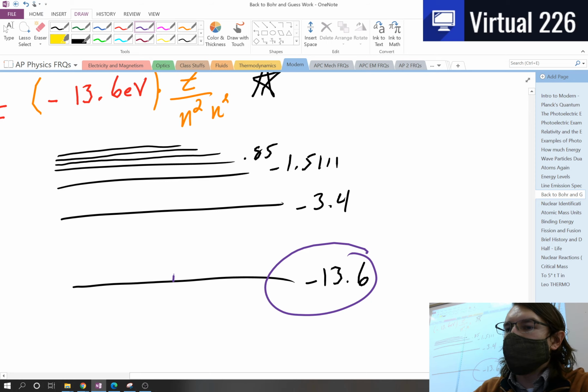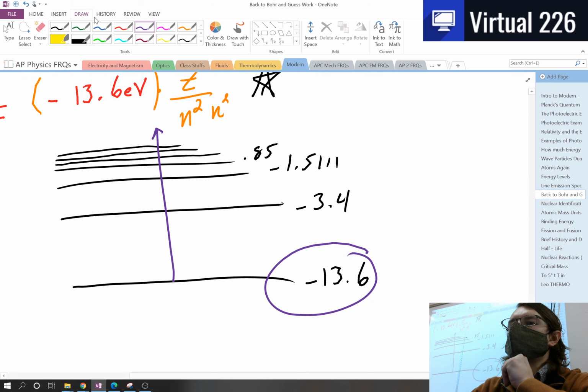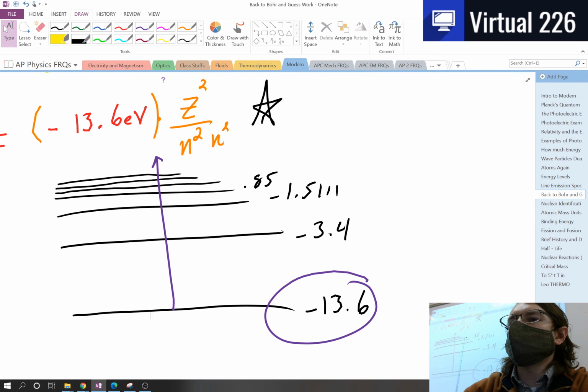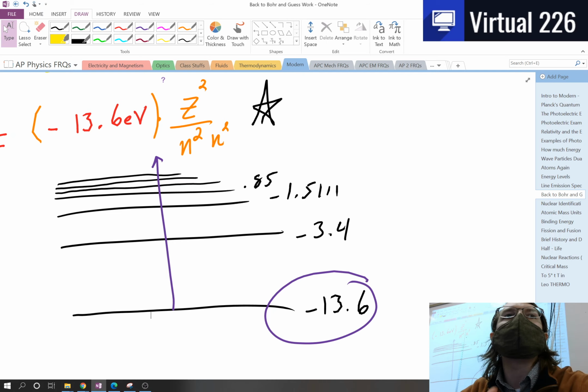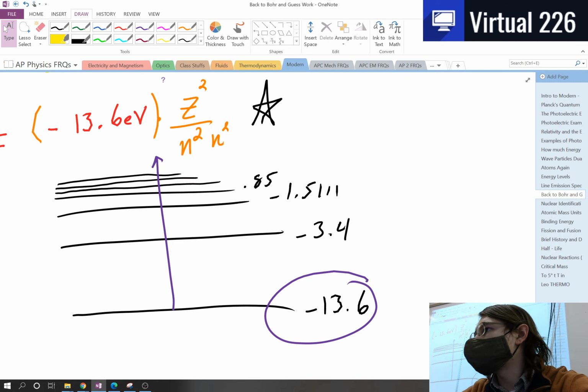That will take you from here all the way out to the 0 position, because that 0 position is negative 13.6 divided by infinity squared, which is kind of a weird thing to think about. It's effectively 0, which just means 13.6 is the ionization energy for hydrogen.